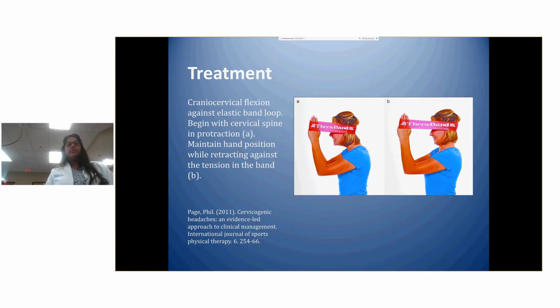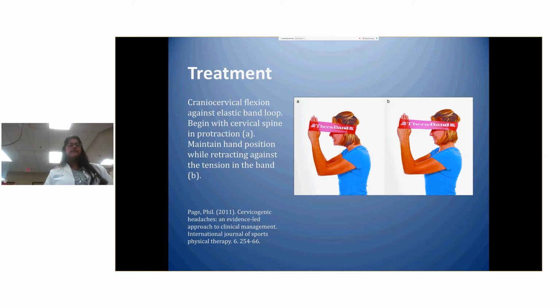And then I pulled this from an article published in the Journal of Sports Physical Therapy, just an illustration of some of the exercises that could be used specifically in cervicogenic headaches. This is an evidence-based approach to clinical management. So in this diagram, the craniocervical flexion is performed against an elastic TheraBand.